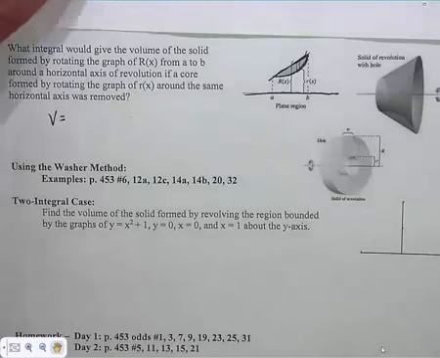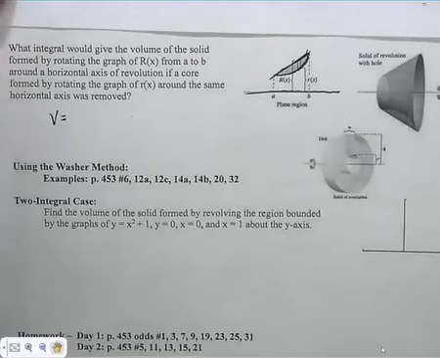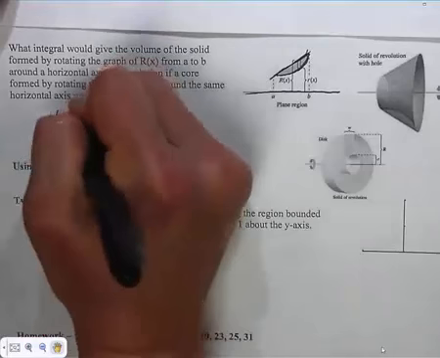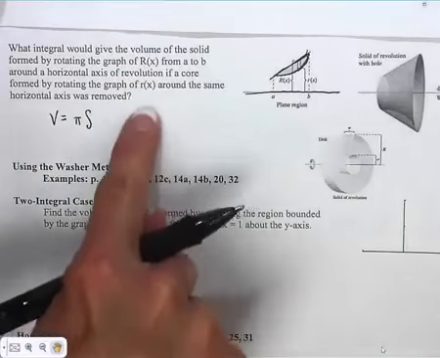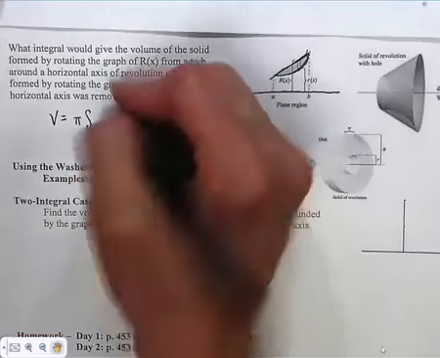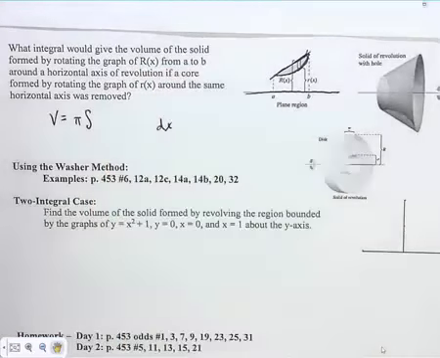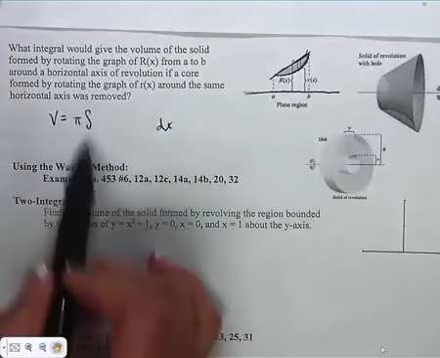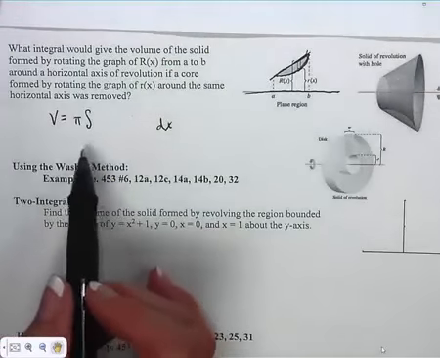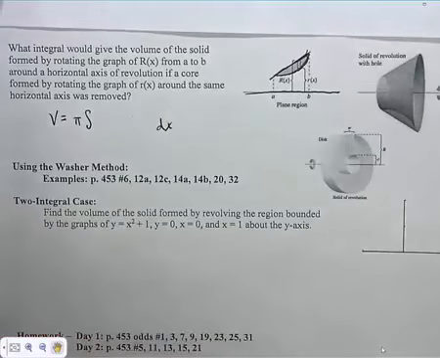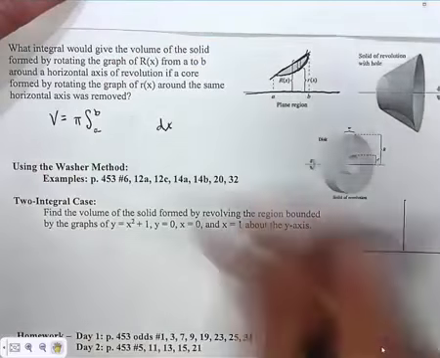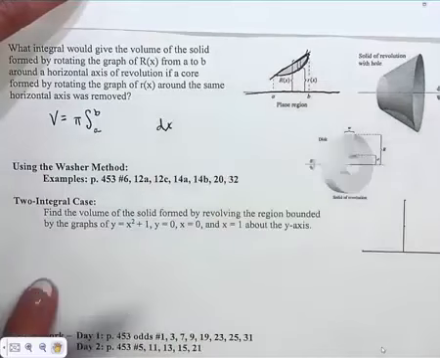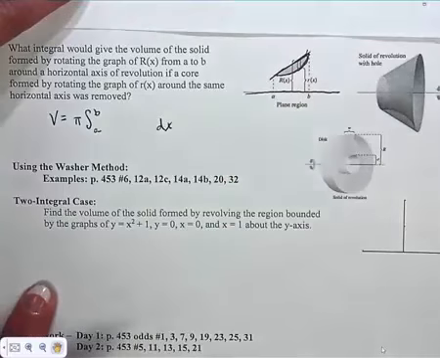How have all of the integrals that we've done with the disk method started? Pi times the integral. Our functions are functions of x, not functions of y here, so we're going to integrate with respect to x, and our limits of integration have to be x values. So what are our x values over which we're integrating here? From a to b. And what is our outer radius of this thing being rotated? Well, they're both R of x.